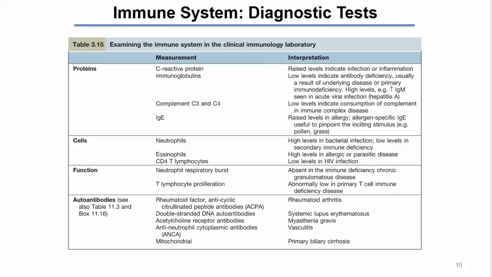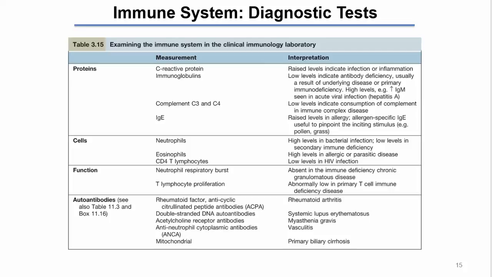Because one of the things that eosinophils do is they clean up the IgE antigen complexes. A common thing to look at is the number of helper T cells, the CD4 cells. Low levels are looked at to diagnose HIV.